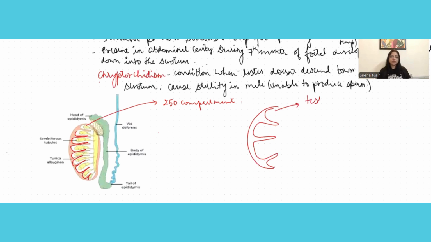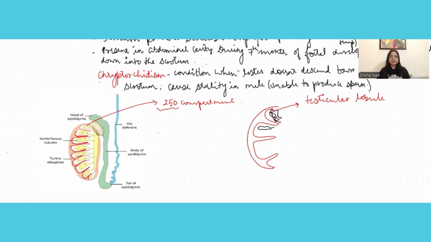On an average, there are about 250 testicular lobules in a testis, and in each lobule, in each compartment, seminiferous tubules are present. What is a seminiferous tubule? A seminiferous tubule is a highly coiled tubule that is present in these testicular lobules, as you can see in this diagram.